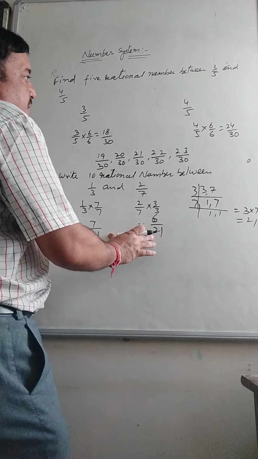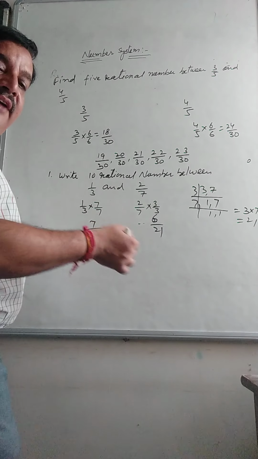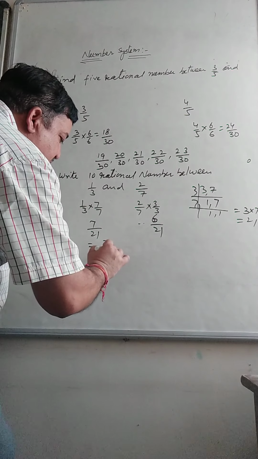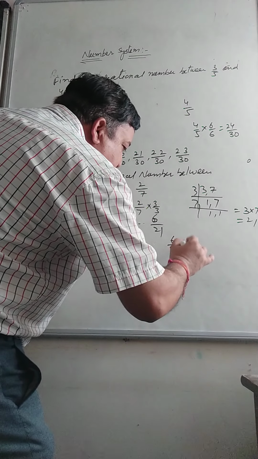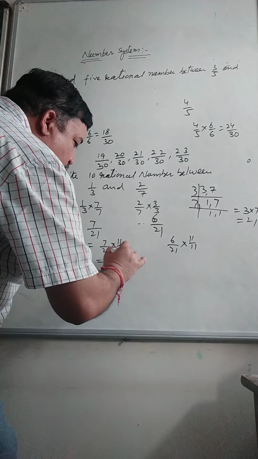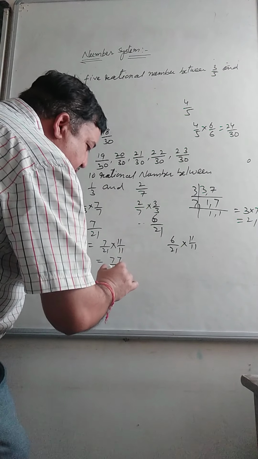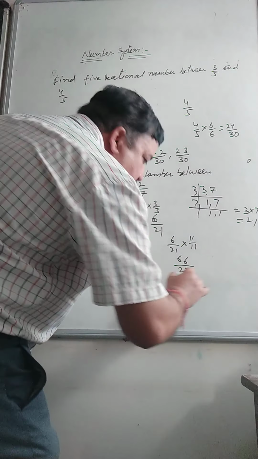Both rational numbers will be multiplied by 11 upon 11. So 7 upon 21 into 11 upon 11 is 77 upon 231, and 6 upon 21 into 11 upon 11 is 66 upon 231.